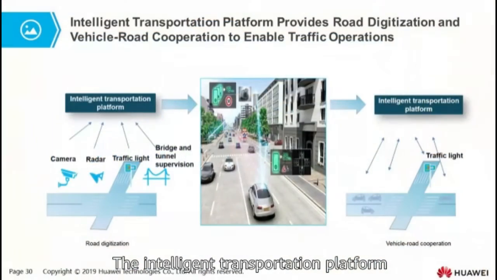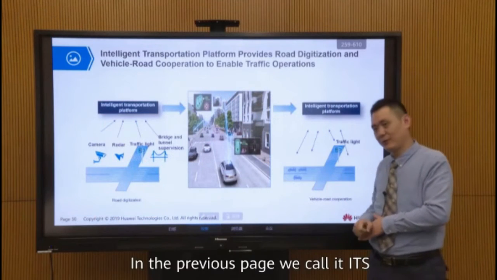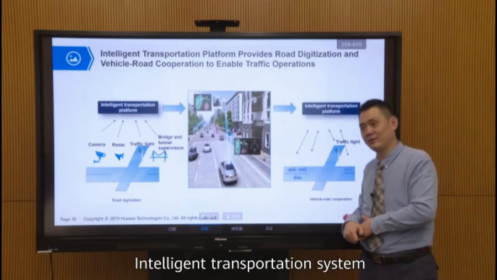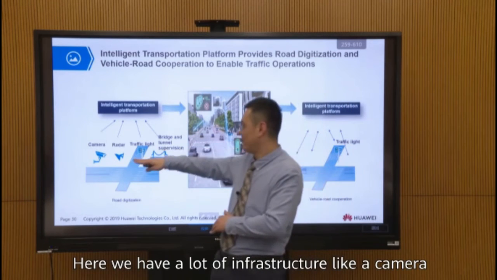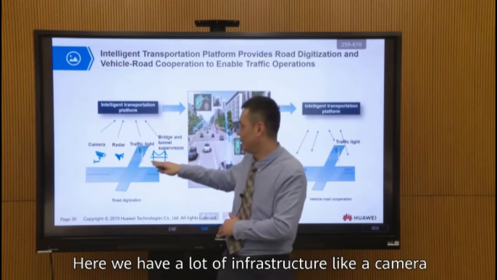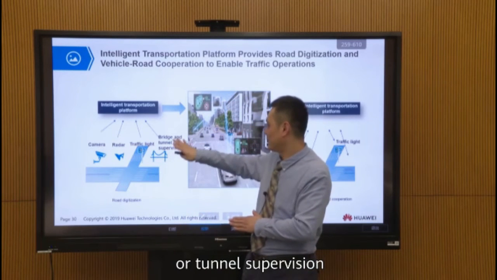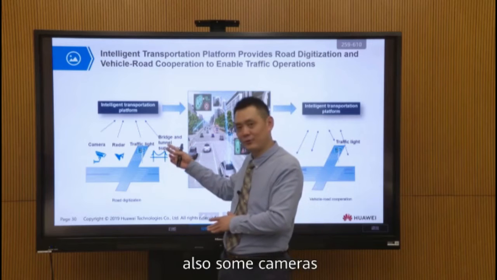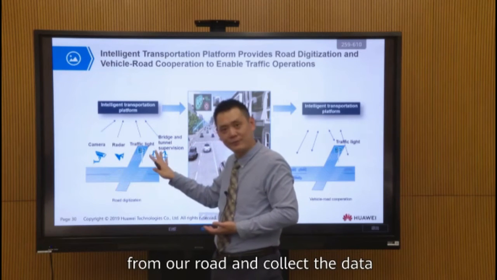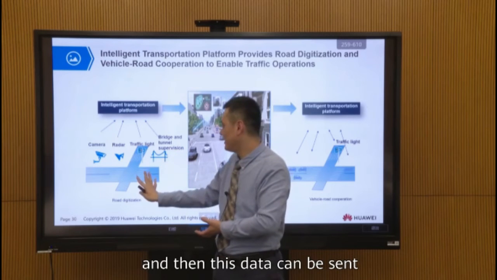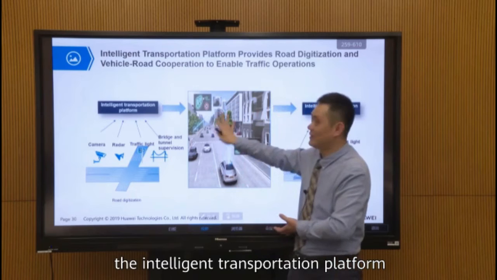The intelligent transportation platform, in fact, is just ITS. Just the previous page we called it ITS, Intelligent Transportation System. Here we have a lot of infrastructure, like camera, radar, traffic light, and bridge or tunnel supervision, also some cameras. We can collect a lot of data from our road, and then this data can be sent through the network to the intelligent transportation platform.